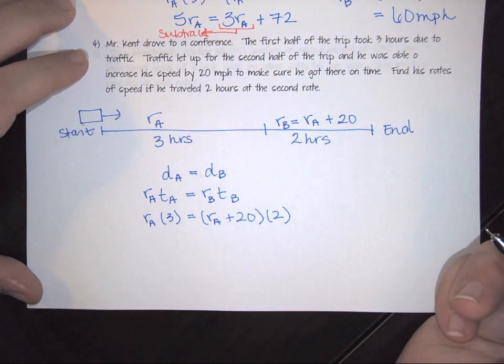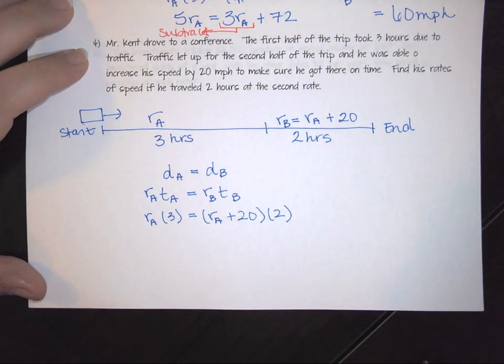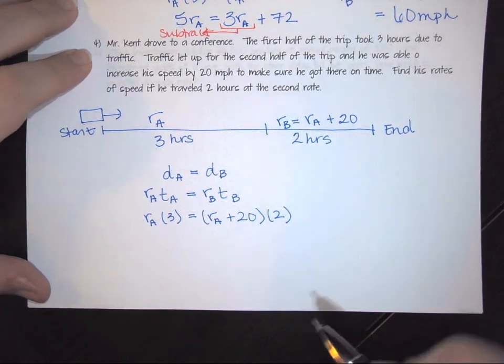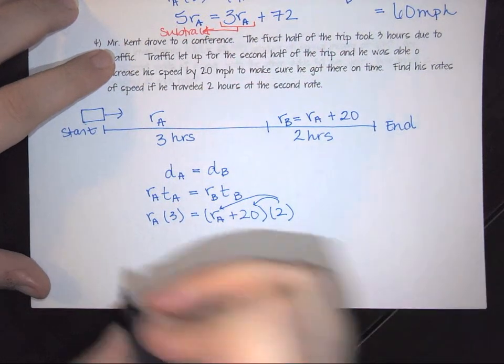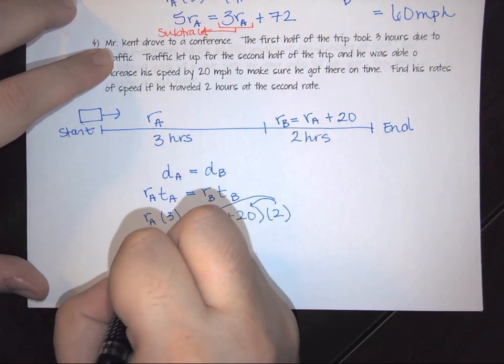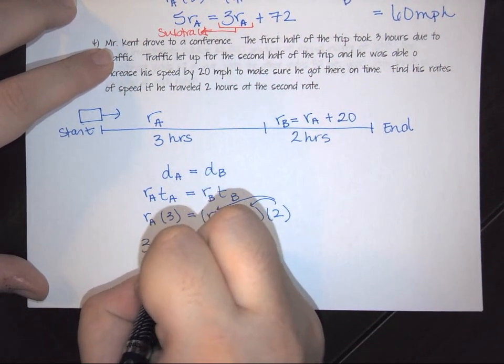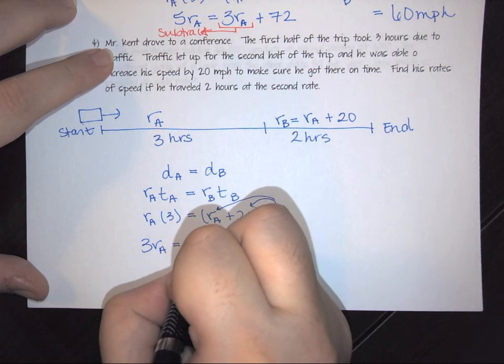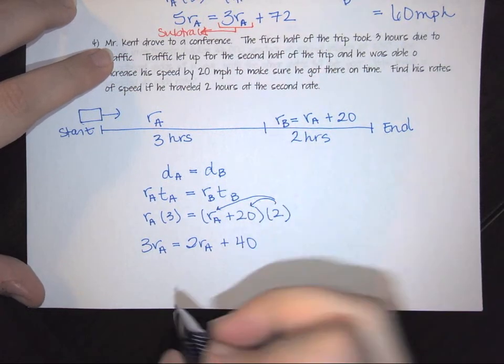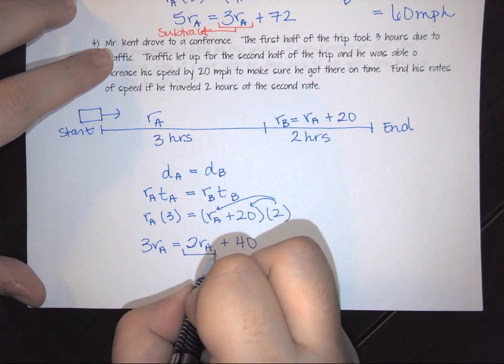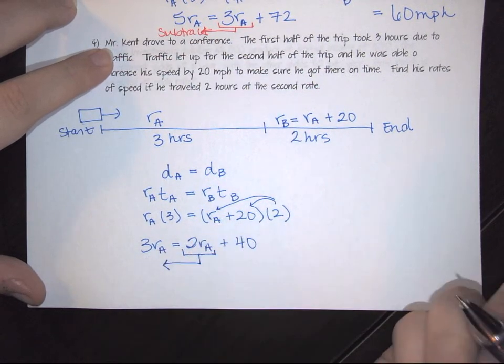So again, we need to solve the same way we did before. So the first thing that we're going to do is distribute through my parentheses. So I have 3 times the rate of A is equal to 2 times the rate of A plus 40. I'm going to combine my terms.